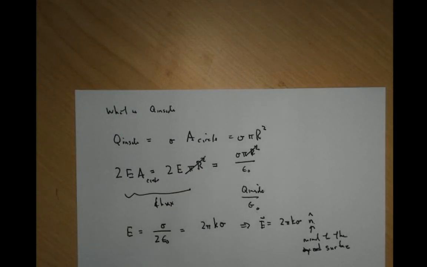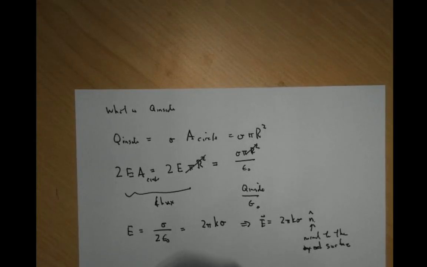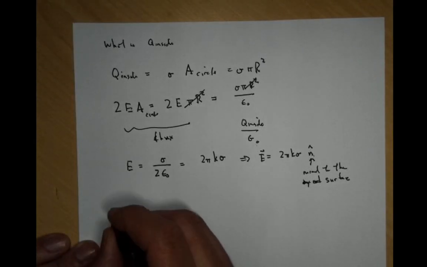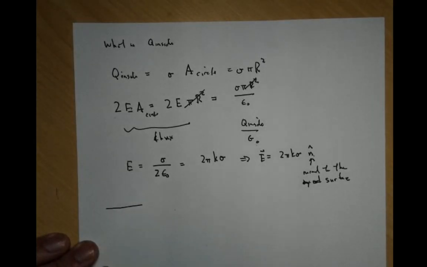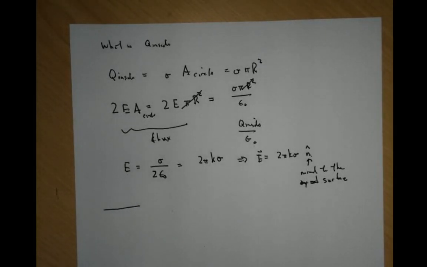So we're going to use this for a few different problems. So let's consider the following. In order to make this work, we have to use certain geometries that will work with it.